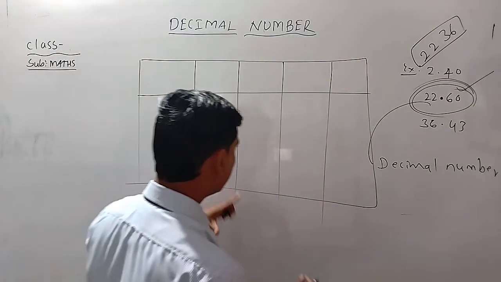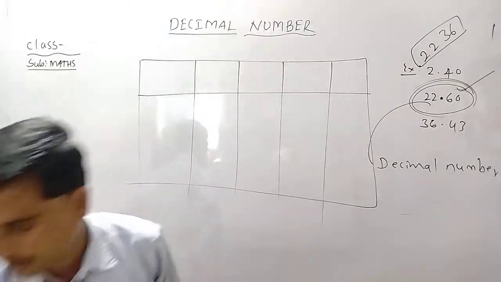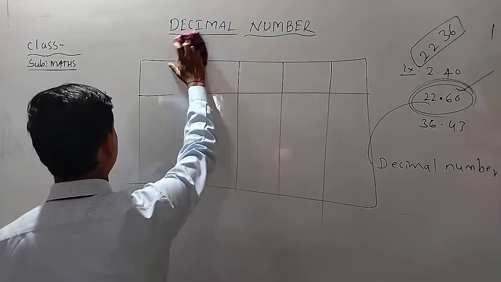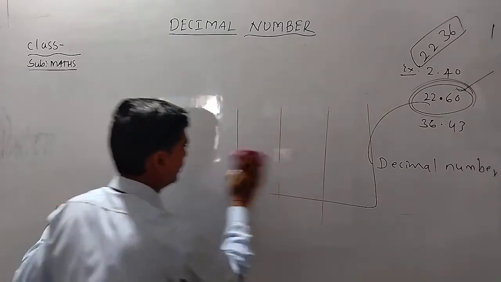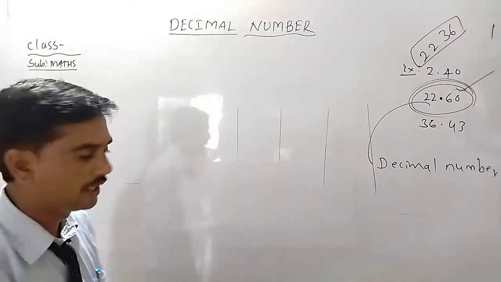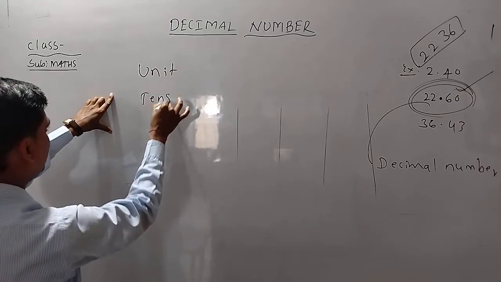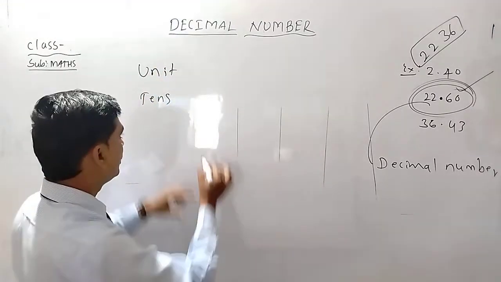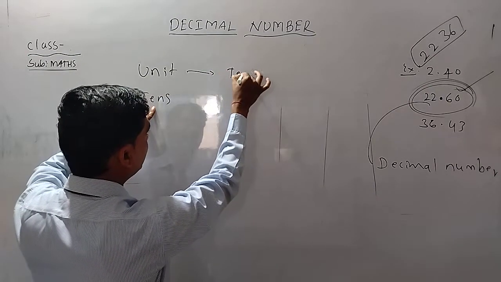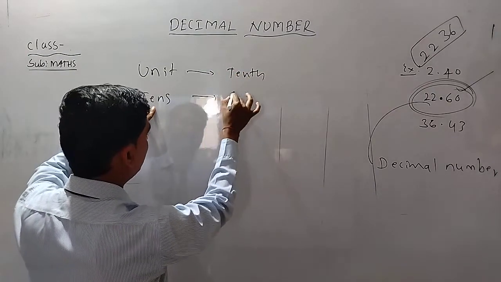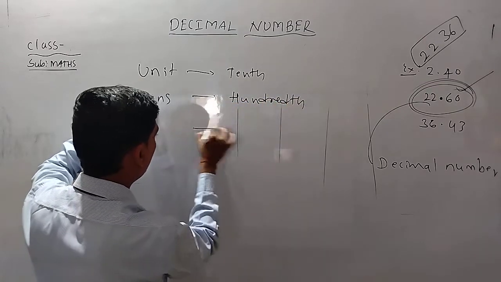Now let us discuss the place names. Now I am going to tell you the place names. First place, dear students, unit place, tens place, hundred, thousand.